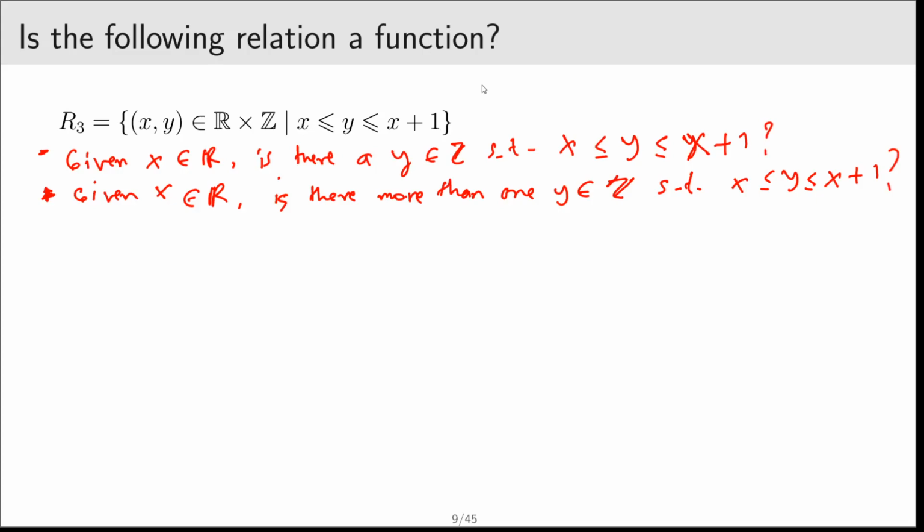Now for the first one, you have two cases, essentially.